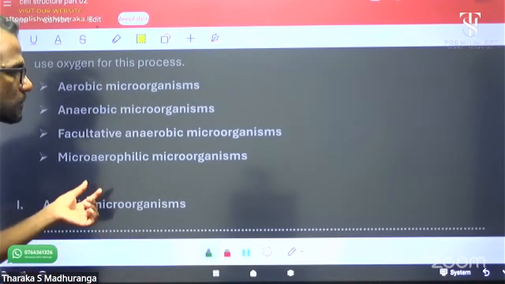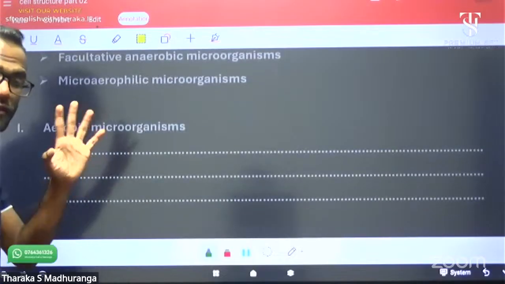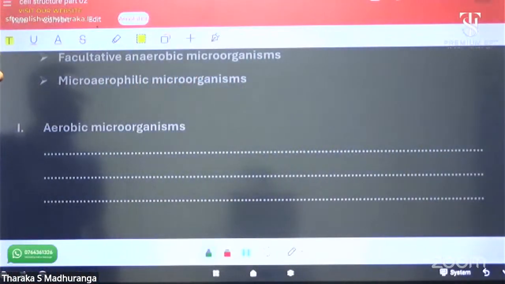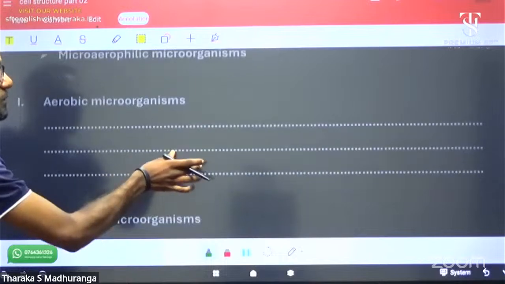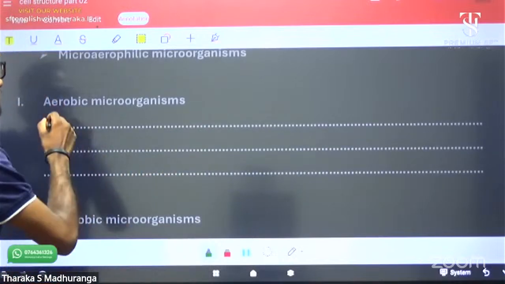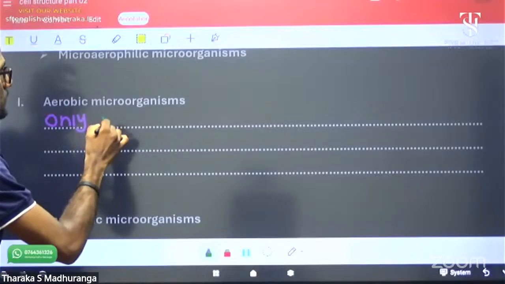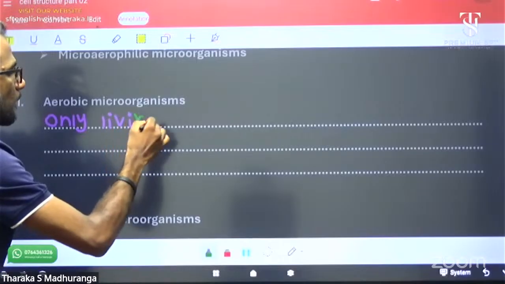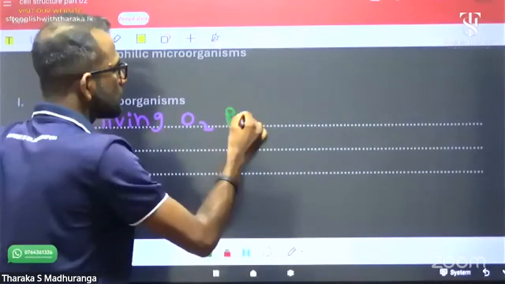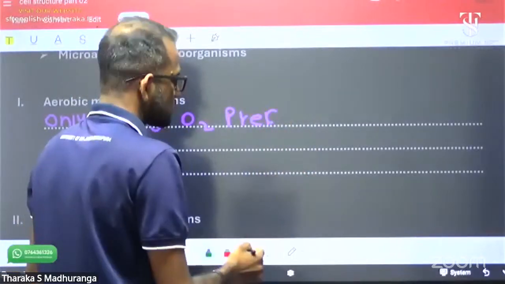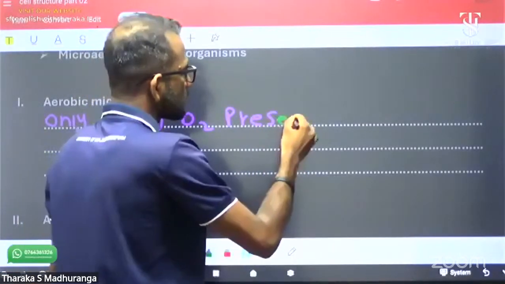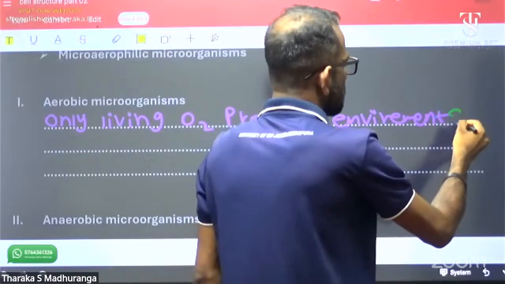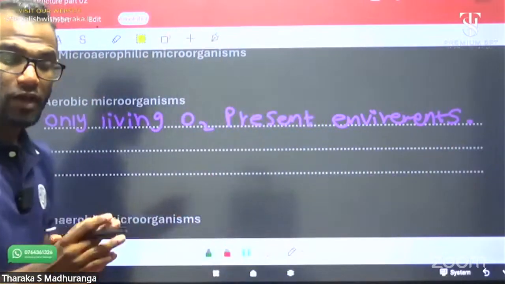The first one, aerobic microorganism. Aerobic microorganism means they only live in oxygen-present environments.